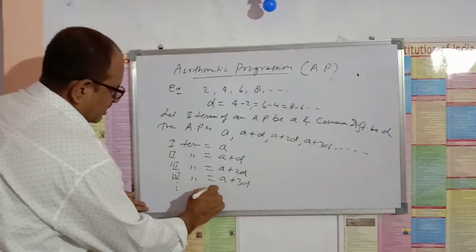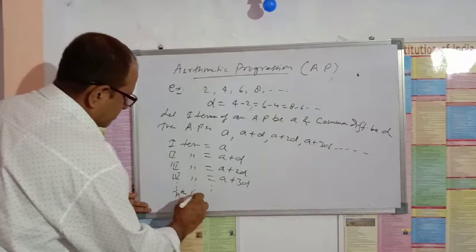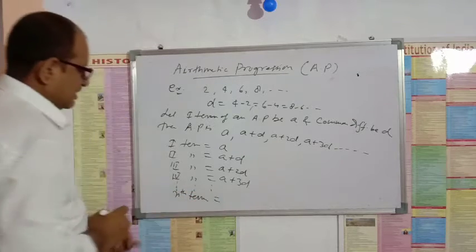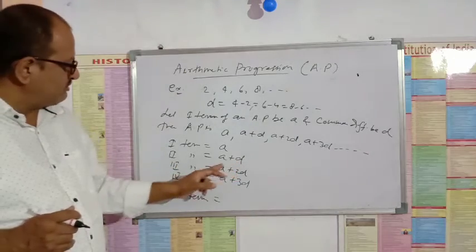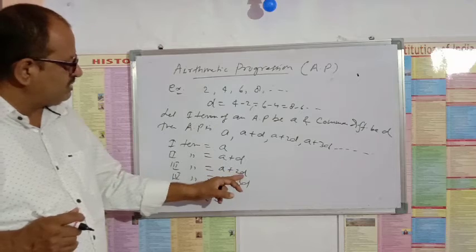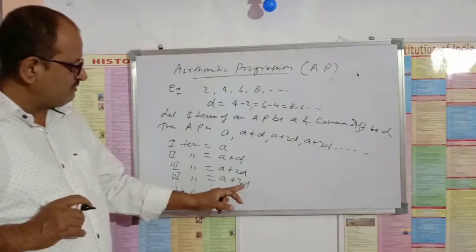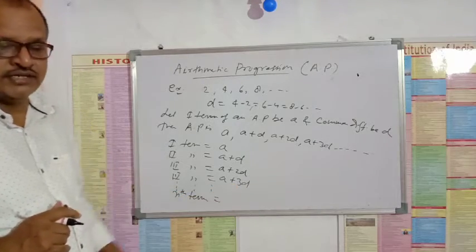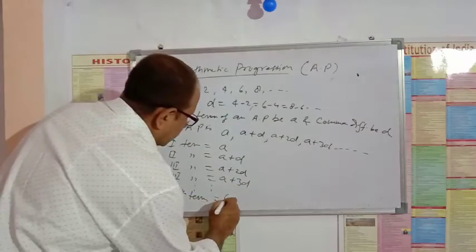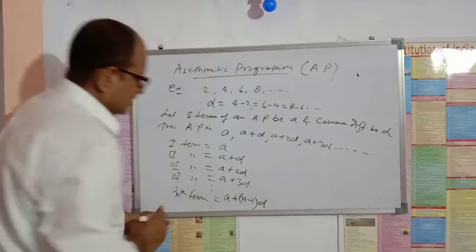In this way, if we have to write the nth term, what can we write? In the second term, the coefficient of d is 1. In the third term, the coefficient of d is 2, which is 1 less than the term number. In the fourth term, the coefficient of d is 3. In the nth term, the coefficient of d will be n minus 1. So we can write it as a + (n - 1)d.